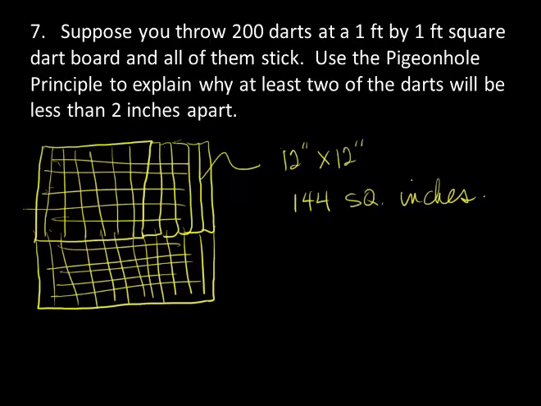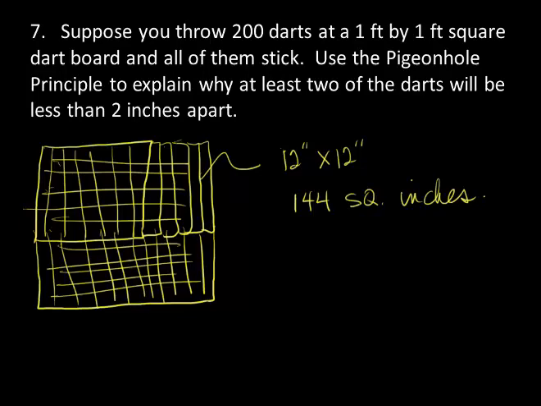By the pigeonhole principle, at least 2 darts will land in the same square inch. I'll say that again. We are throwing 200 darts at a 144 square inch board. By the pigeonhole principle, since 200 is greater than 144, at least 2 darts will land in the same 1 square inch.